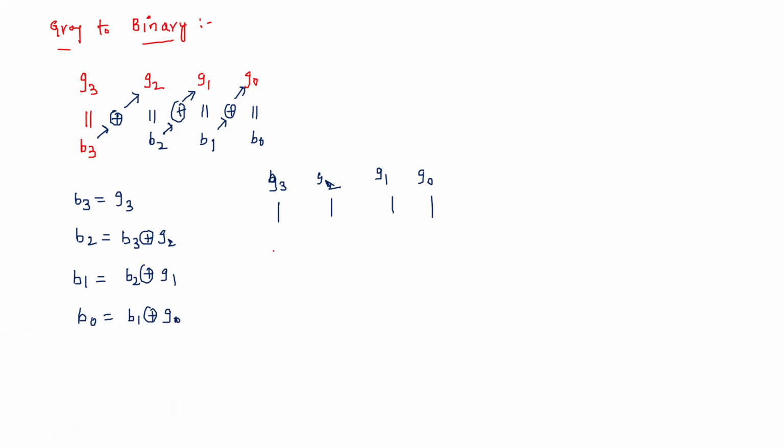So how am I converting? The G3 value we get at the output side as B3. Then the output is doing the XOR operation with the input: 1 XOR with 1 is 0, then 0 XOR with 1 is 1, then 1 XOR with 1, I'm getting the output 0 here.